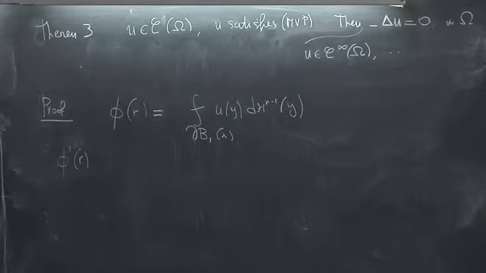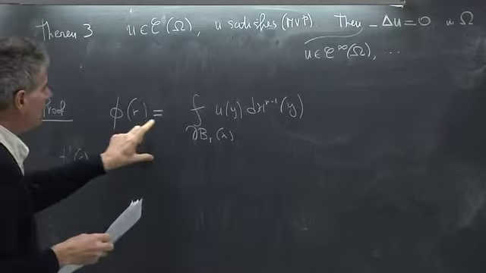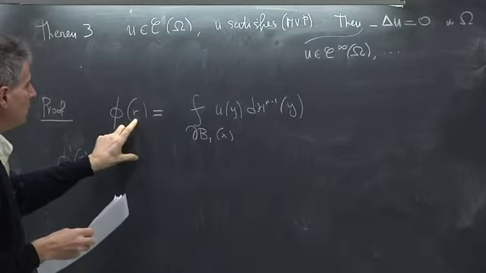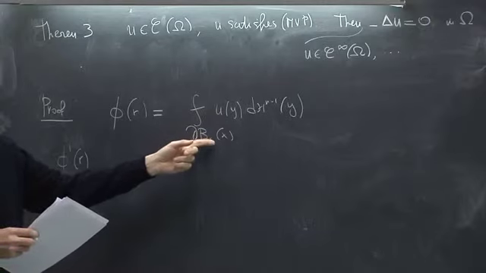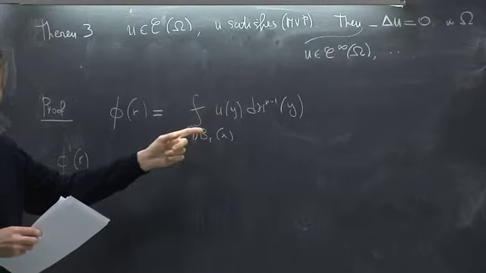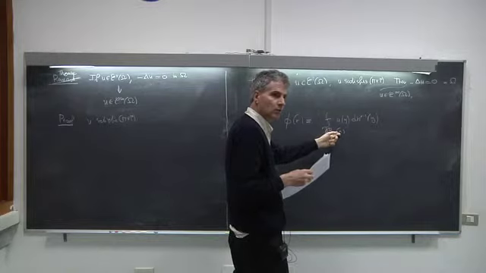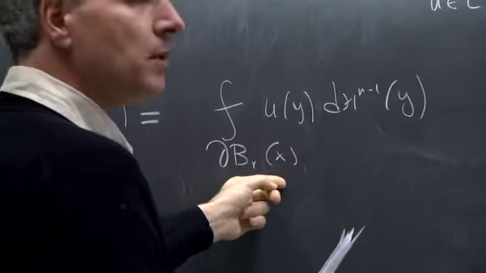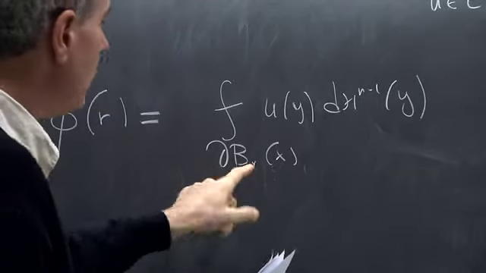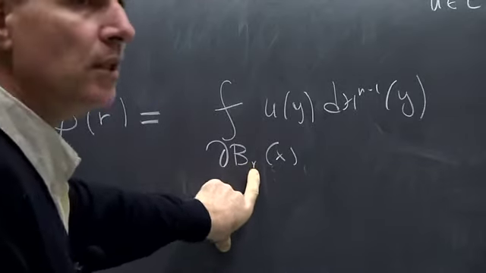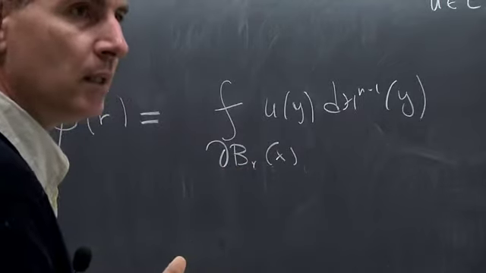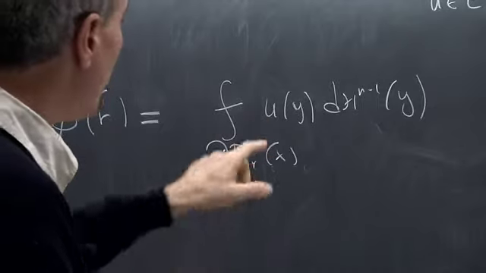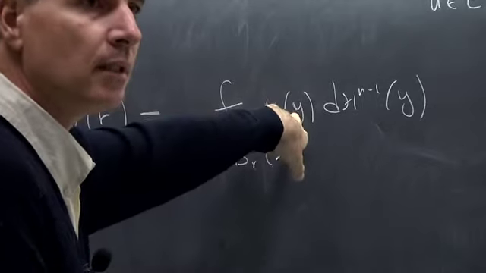Now, to compute phi prime of r, there is a difficulty here, because the dependence on r is on the surface. So the idea, in order to overcome this problem, is instead of integrating on this, to make a change of variable and integrate on the ball of radius 1, so that r goes inside here.